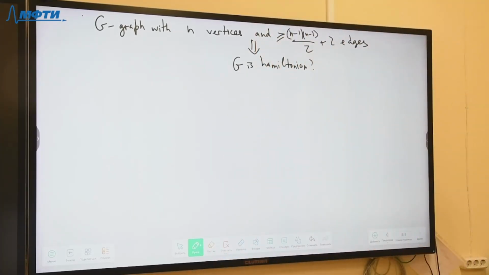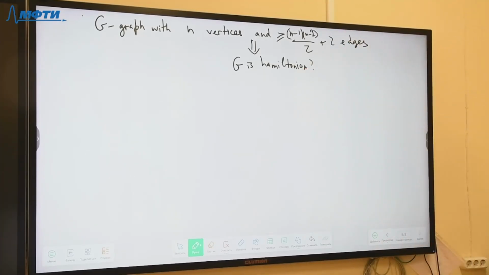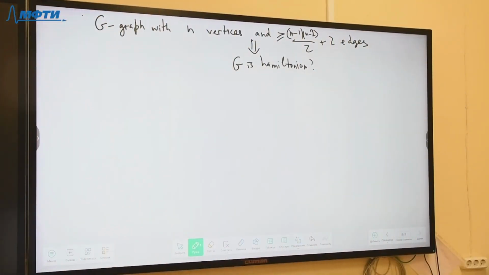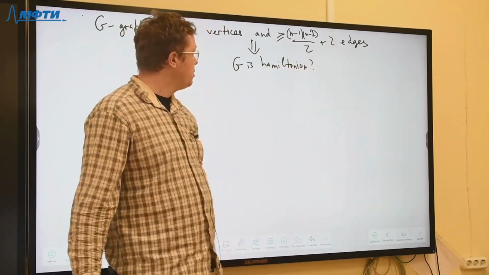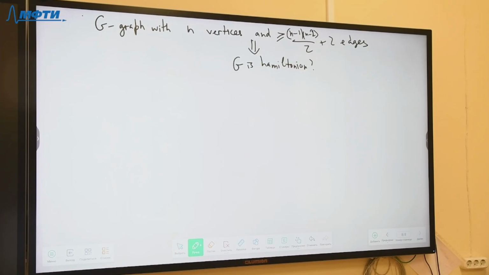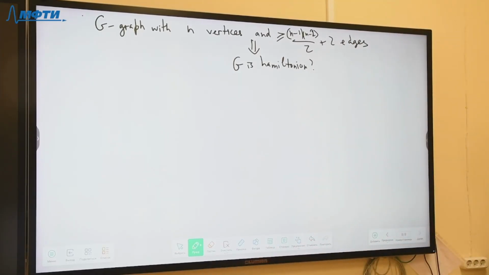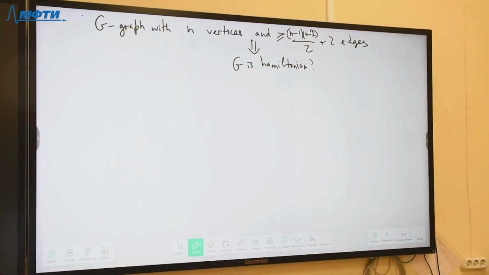Okay, so maybe we can use Ore's or Dirac's theorem to prove this statement. Hamiltonian, yeah. We already have an example which has one less edge and is not Hamiltonian, and we can try to prove that if we add one edge, then our graph G is Hamiltonian. So maybe we just need to check that.